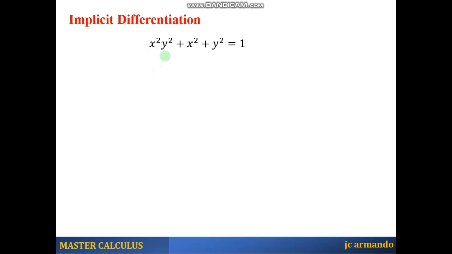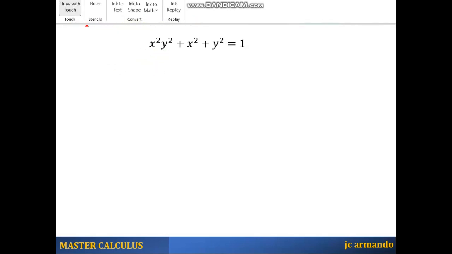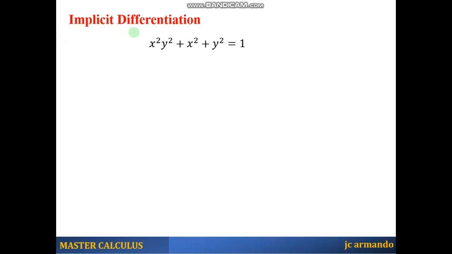To differentiate x squared y squared, we use the product rule. x squared is your u, y squared is your v. The derivative of x squared is 2x, copy y squared, plus copy x squared, derivative of y squared is 2y times dy dx. Plus the derivative of x squared, 2x. The derivative of y squared is 2y dy dx.